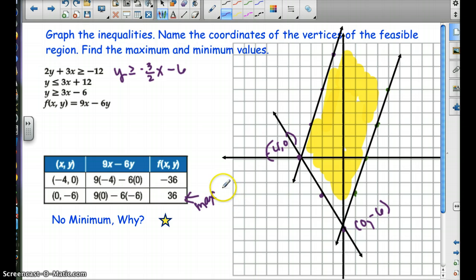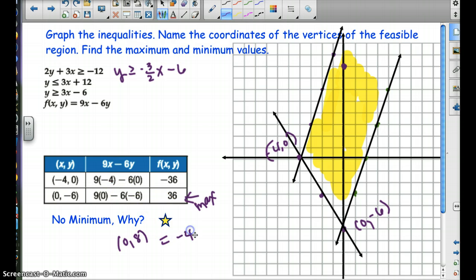And so minimum, now, why can I say there's no minimum? We could say this would be our minimum, but there's still something that we need to look at. Let's choose a value inside this shaded region, because it goes on and on up here. So like 0 comma 8, if I were to pick that, 0 comma 8 in the shaded region, what would I end up getting if I plug that in?